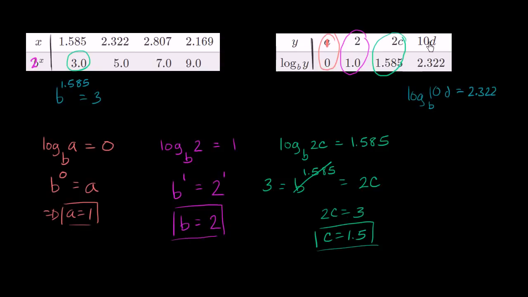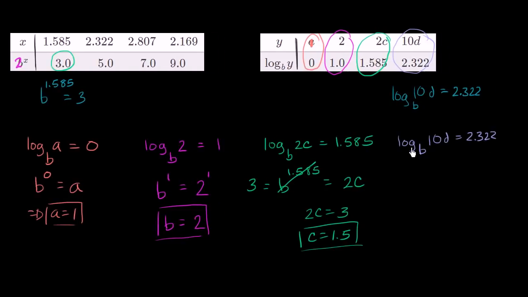And now we have this last column, which I will circle in purple. We can write this as log base b of 10d is equal to 2.322. So this is saying the power I need to raise b to get to 10d is 2.322, or in exponential form, b to the 2.322 is equal to 10d.